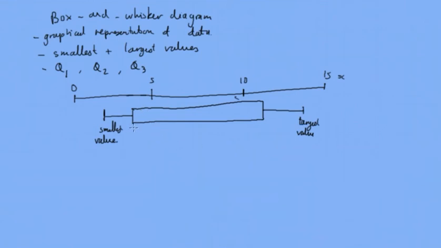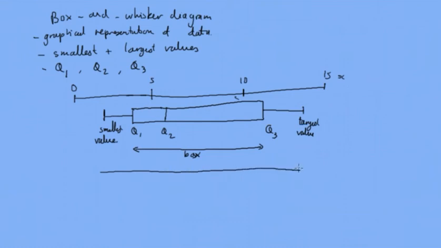And then this would be Q1, Q2 and Q3. So this part here is known as the box, and this longer part here is the whisker.